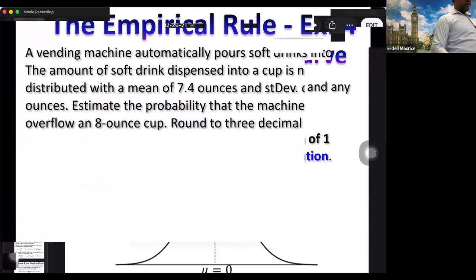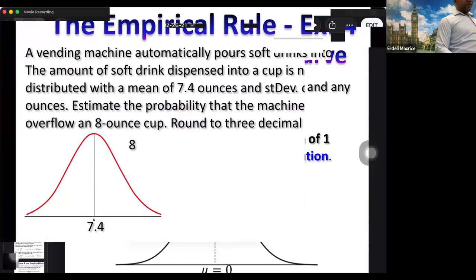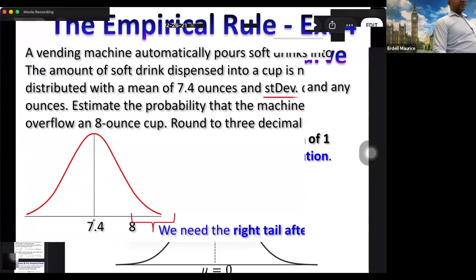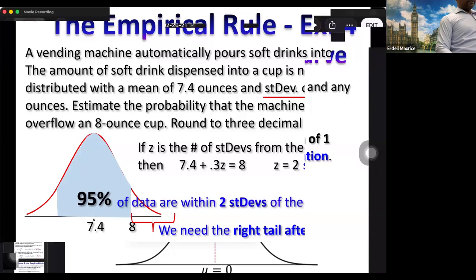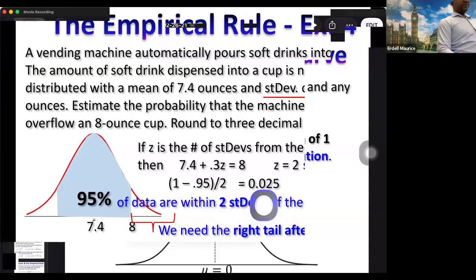All right, and so they did this for us right here, 7.4, 8 is up there. We need the right tail of 8. So that's the side they're going to shade. It's 2 standard deviations above. The middle piece is 95%. And so what happens is they take the 5% and they divide by 2, and they get the same 2.5% that we got.